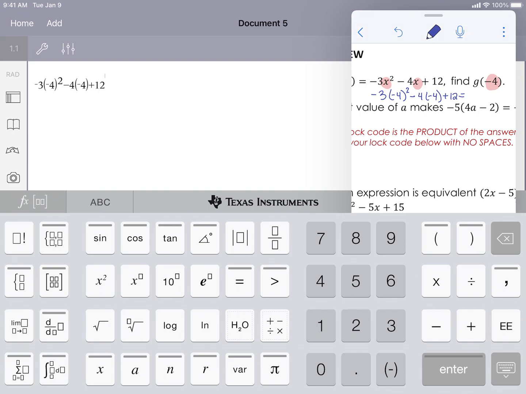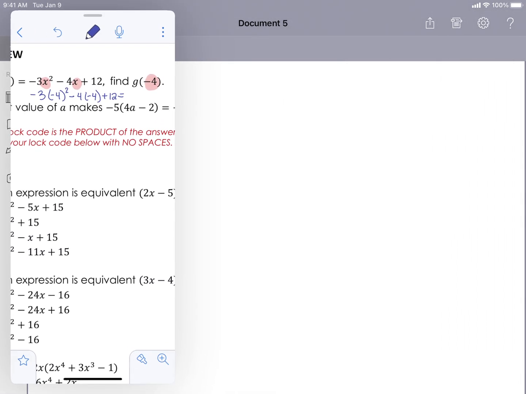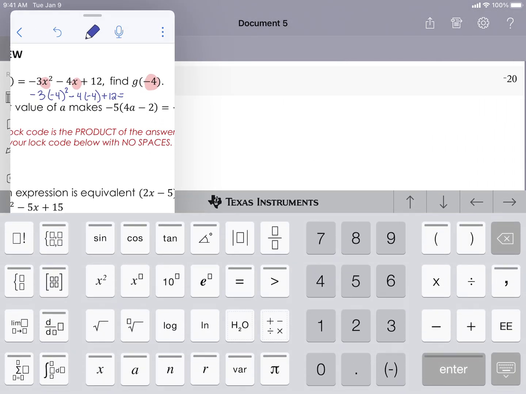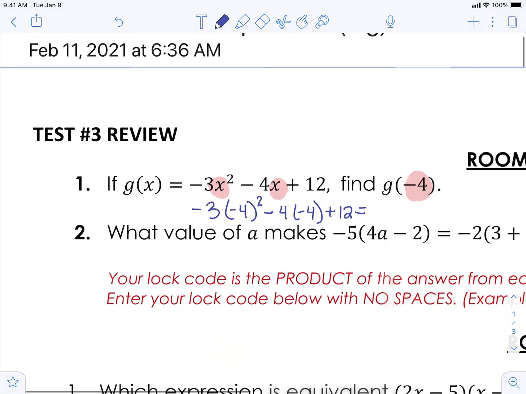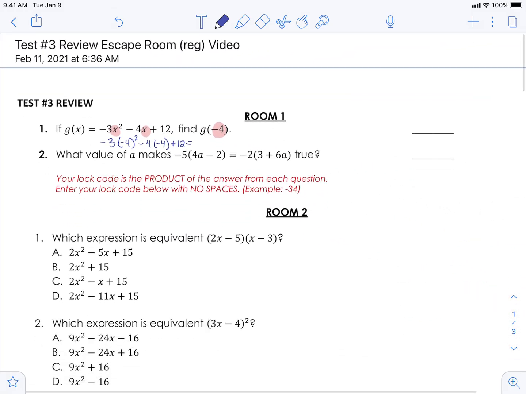Okay, so again, notice how I put parentheses around the negative 4. So when I hit enter, it tells me my answer is negative 20. So equals negative 20, which is my final answer.